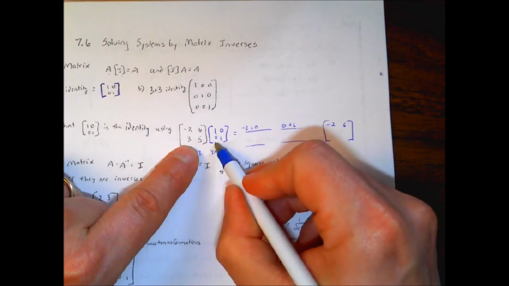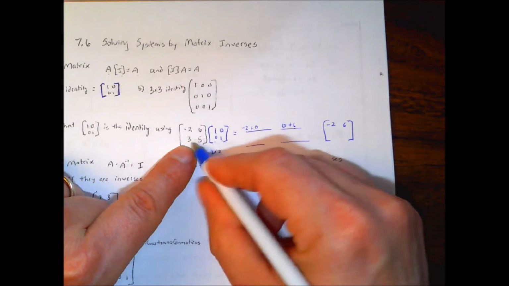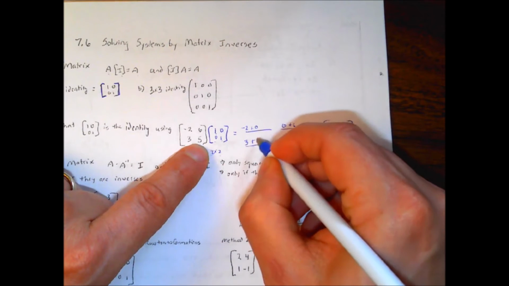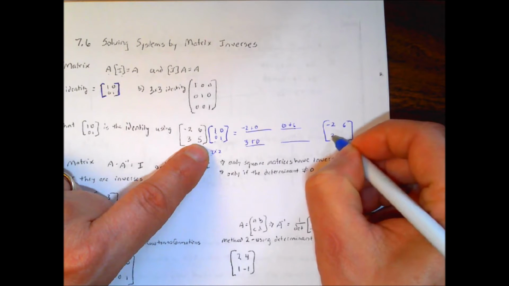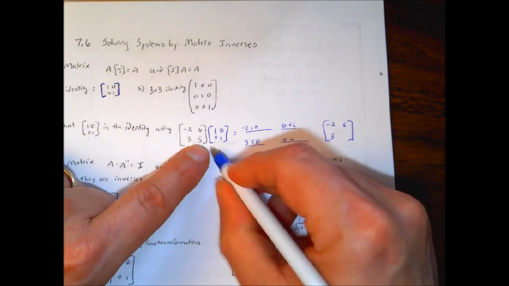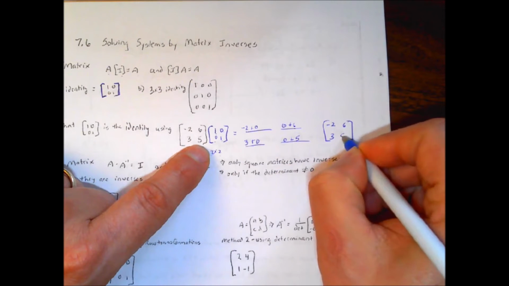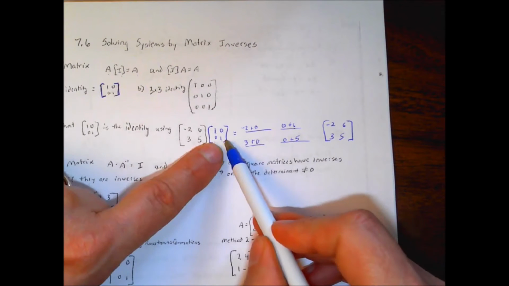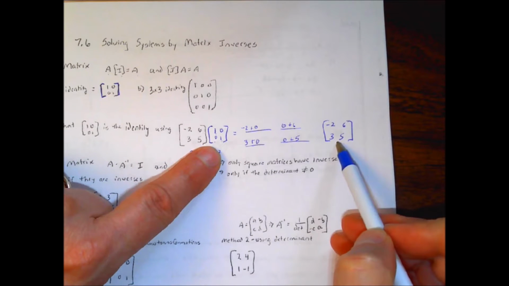Second row, first column: 3 times 1 is 3, 5 times 0 is 0, add them together and you get 3. And here, 3 times 0 is 0, 5 times 1 is 5, we get 5. So you can see that when I take this matrix and multiply it by its identity, we get the same matrix back.